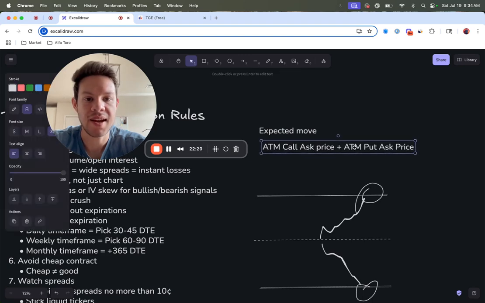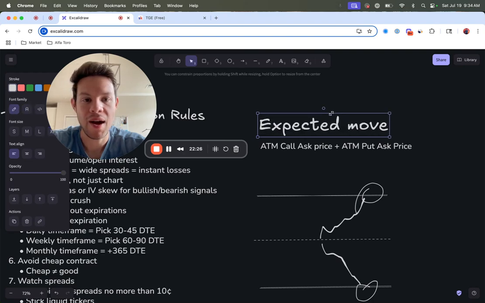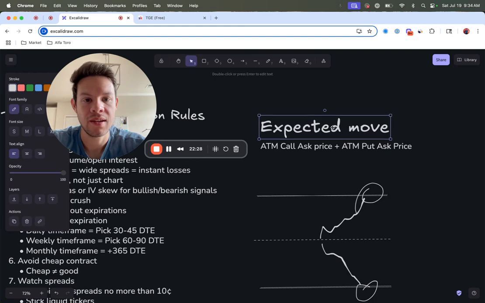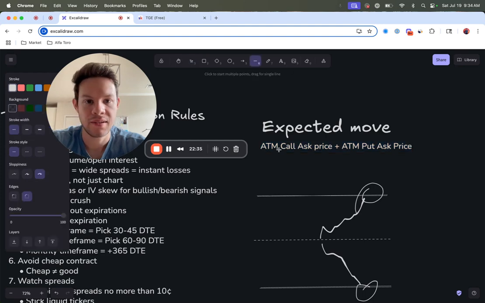This is how you get the expected move. This is the DIY version. Can I underline this?